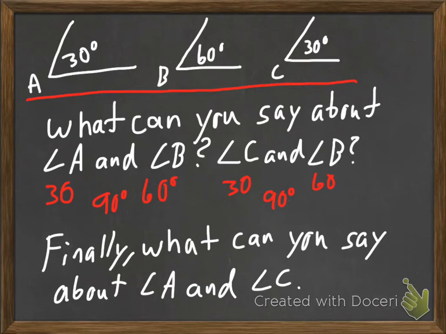Well, we can't say they're complementary because we know that 30 plus 30 doesn't equal 90, it's 60. But what do we know if angles have the same measure? They're congruent. So we can say that angle A is congruent to angle C.